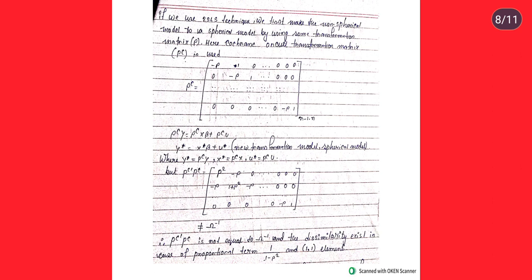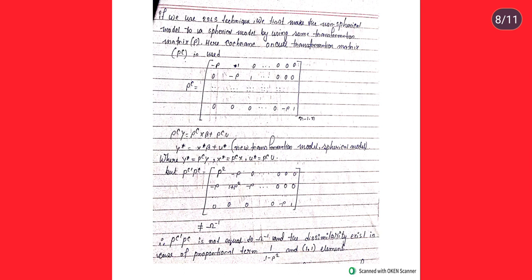And rho c transpose rho c is equal to the matrix with first row rho square, minus rho, 0 and the last three columns 0; in the second row first column the value is minus rho, then 1 plus rho square, and in the third column of the second row the value is minus rho, and the last columns are 0; and in the last row the values are 0, 0, 0, 0, and then 0, minus rho and 1.